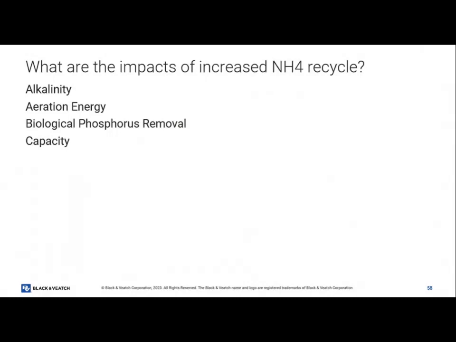So alkalinity. If we're already short on alkalinity, that extra nitrification can really start to decrease our pH. We can start to have pH issues. I know Cruz sometimes has pH issues. I know there are some plants at North Texas that can run into pH issues, and that's really because of this extra nitrification coming around, which is going to start to decrease that alkalinity.